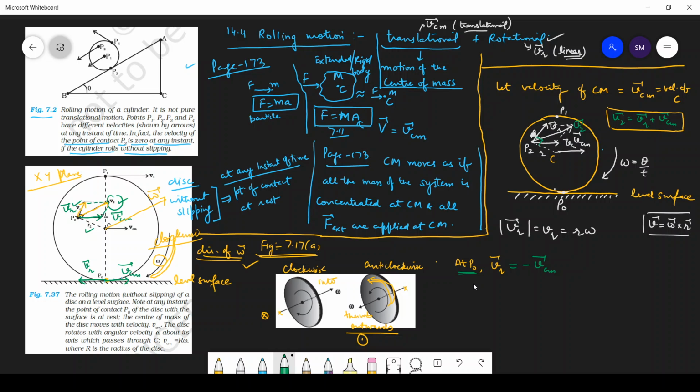Both have the same magnitude. You have written it over here. The magnitude of VR is equal to VCM, and that's equal to R omega. The magnitude is the same, but the direction is opposite. That's how we write them.